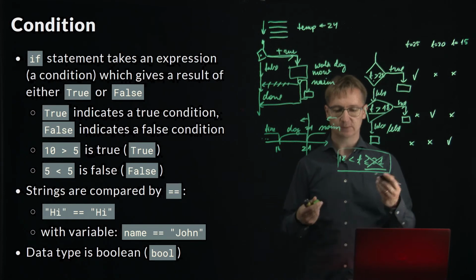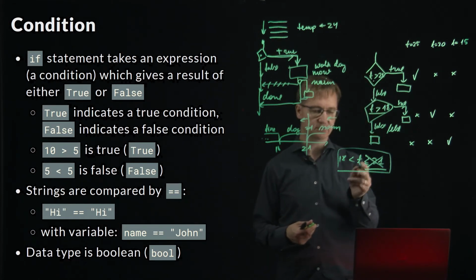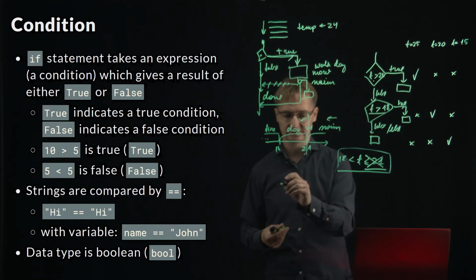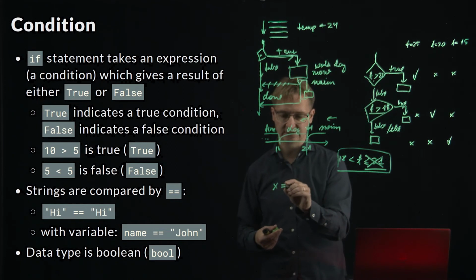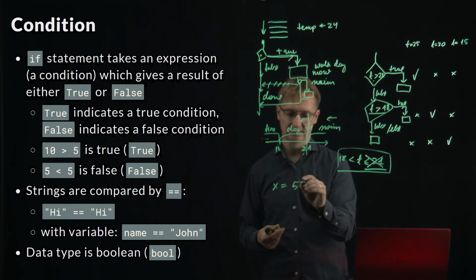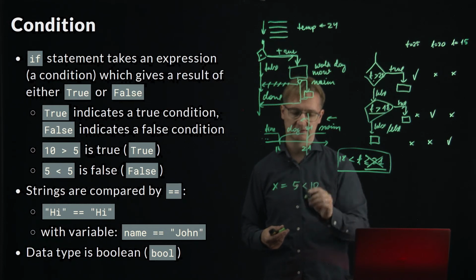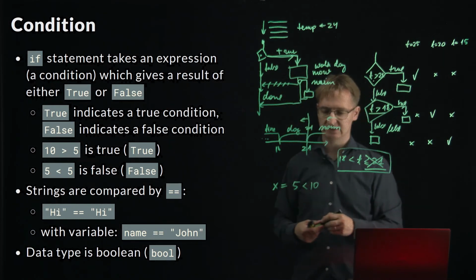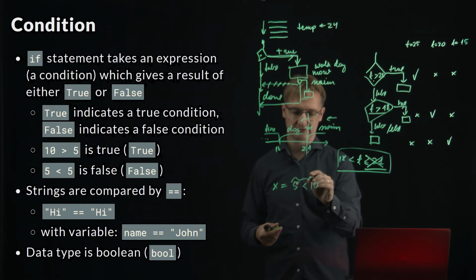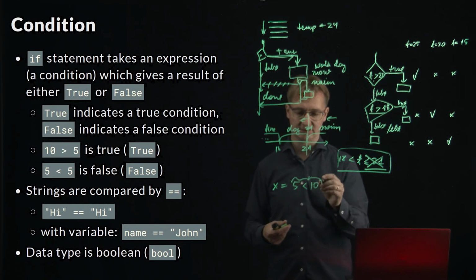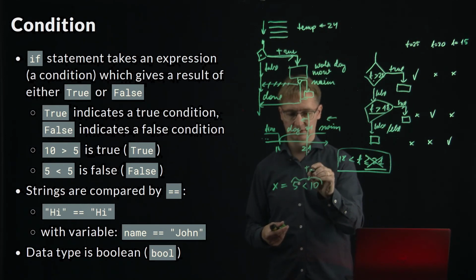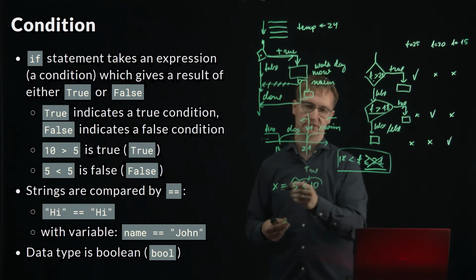So what we can do is store this condition also in a variable. So let's say there is a variable x, and we just say that 5 is less than 10. What happens here is that first this part is evaluated, it is true, and now the True is stored in x.